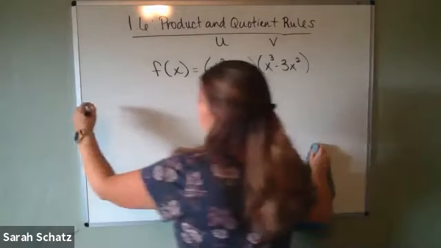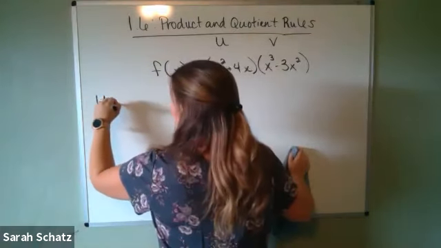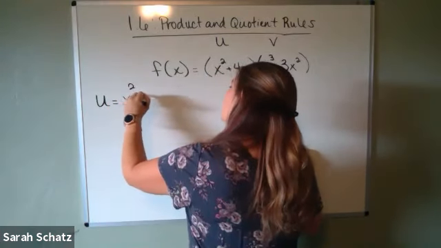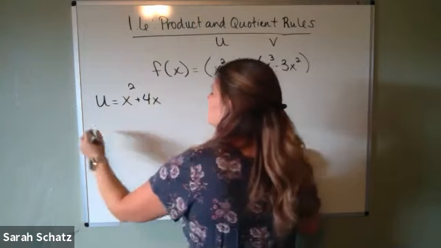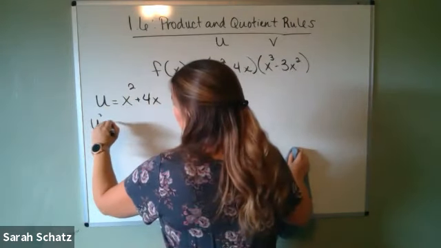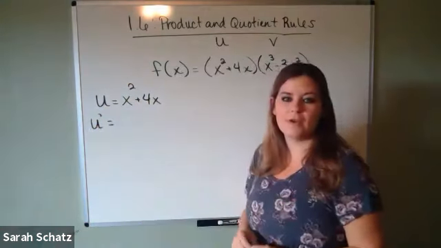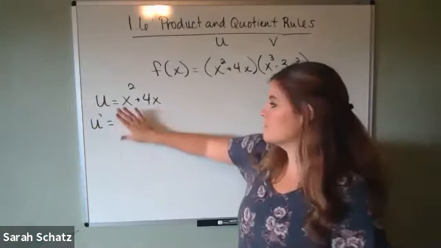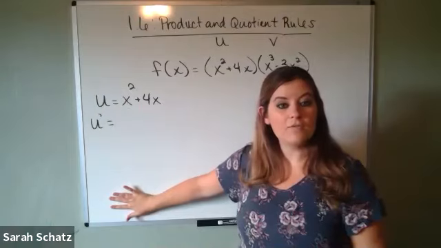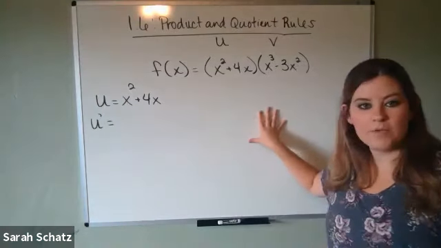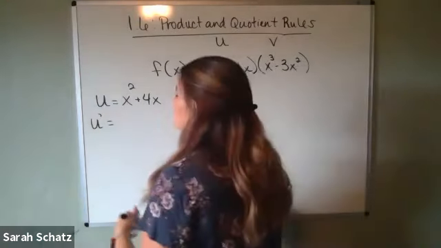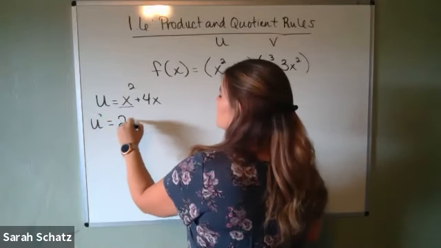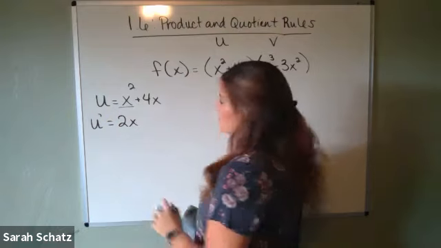Okay, so let's go over to the side and write out u by itself. So if this is u, x squared plus 4x, let's find the derivative of u. It's always good when you're doing the product rule to find everything you need first and then put it together. So the derivative of u, remember this is just power rule. This is going to become 2x to the first plus 4.